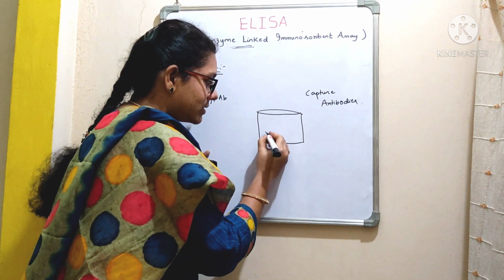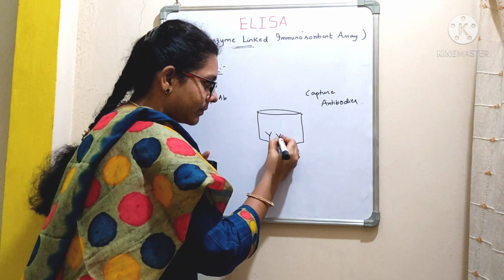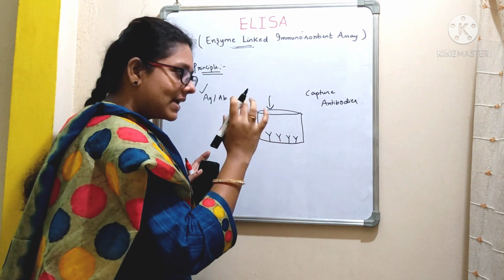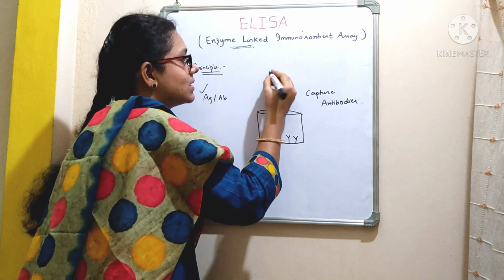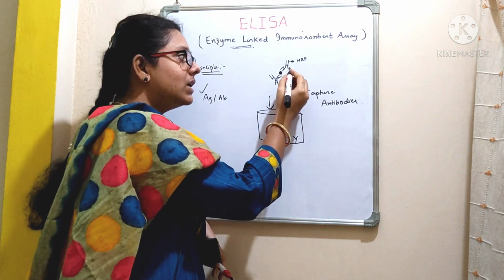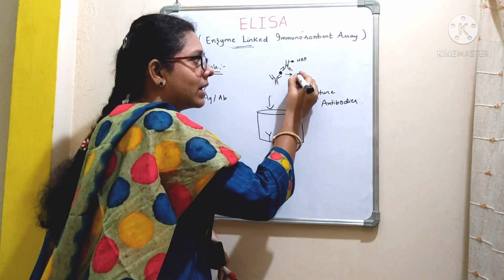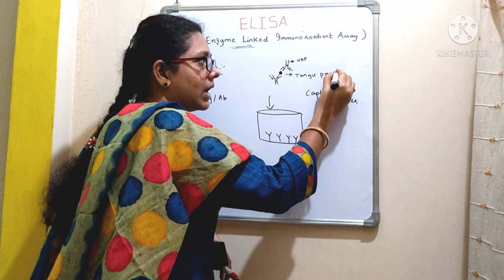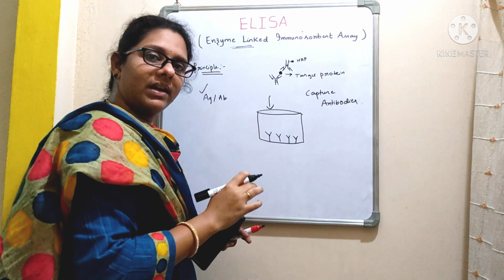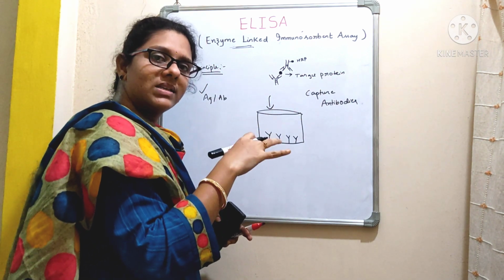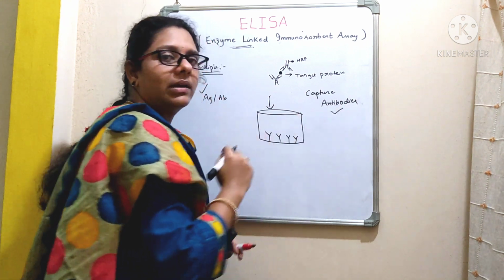Suppose these are the antibodies. What exactly happens here is, first we need to immobilize the target protein. So this is the target protein. Either we can immobilize it directly or we can immobilize it with the help of capture antibodies.